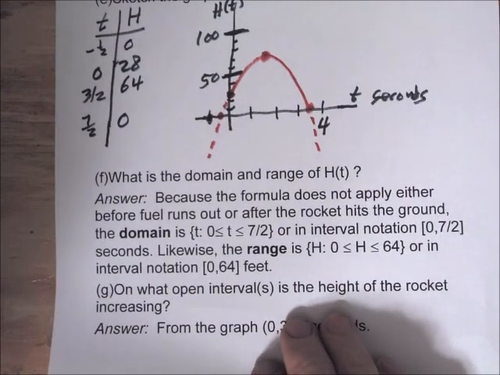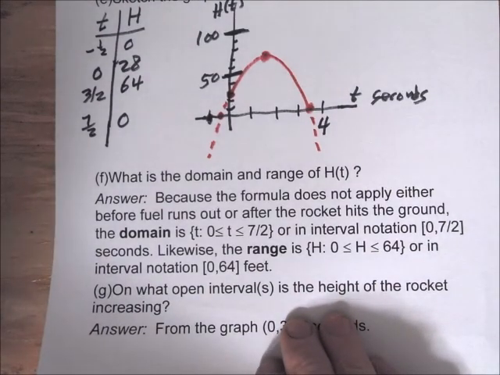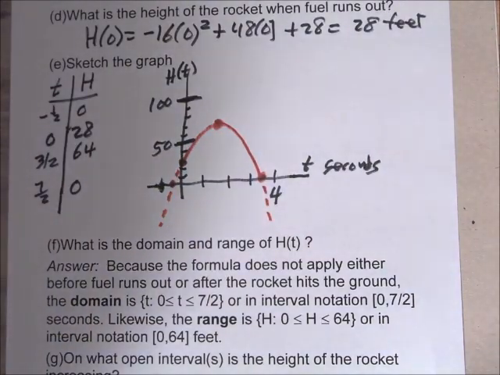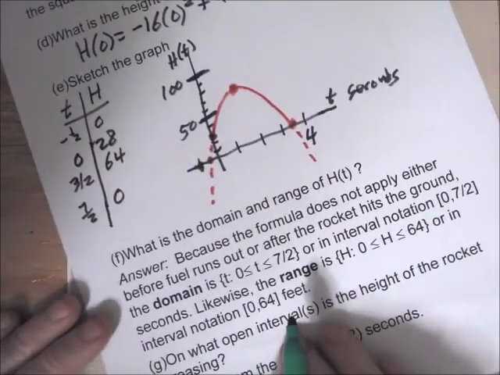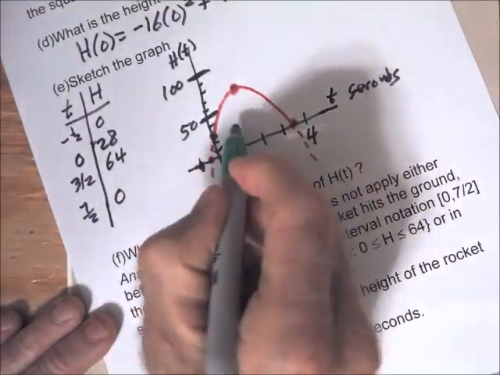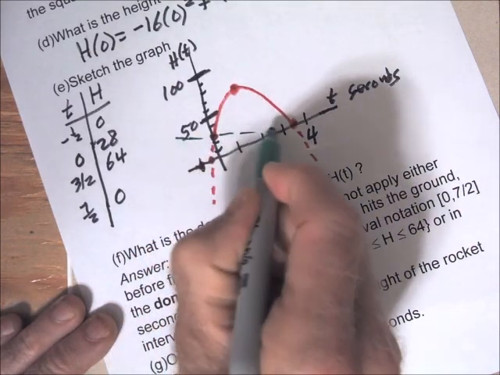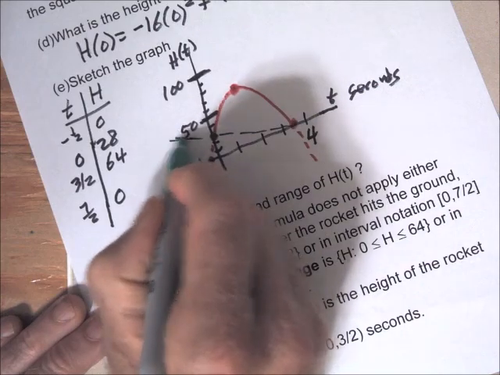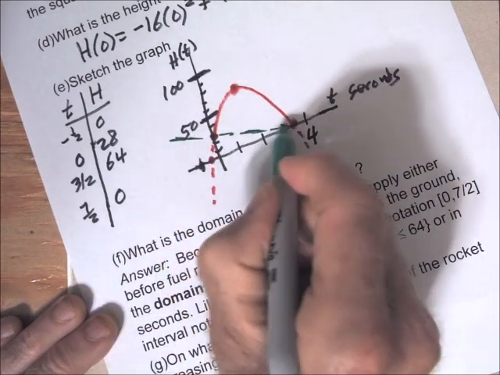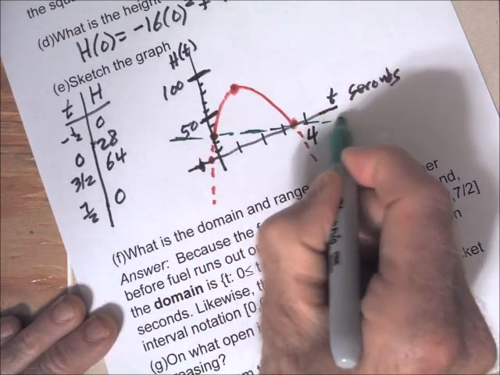The average velocity of the rocket from time 0 to 7/2, okay, that would be the slope of the secant line. So average velocity, geometrically, is the slope of the line that touches the graph at just 2 points.